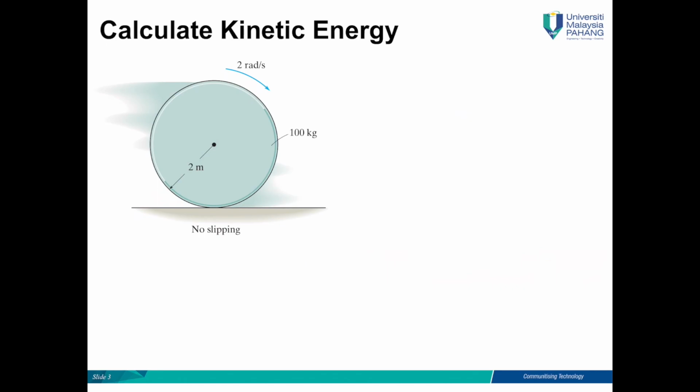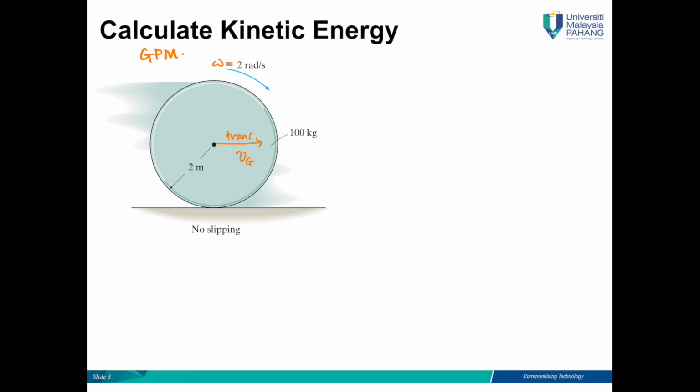The first two examples were rotation about a fixed axis. Now, can you guess what type of motion this one is? This is general plane motion. Why? Because Vg, the velocity of the center of gravity, is moving to the right. So this is translation, and the wheel here is also rotating. This is omega over here. So you have both translation and rotation.